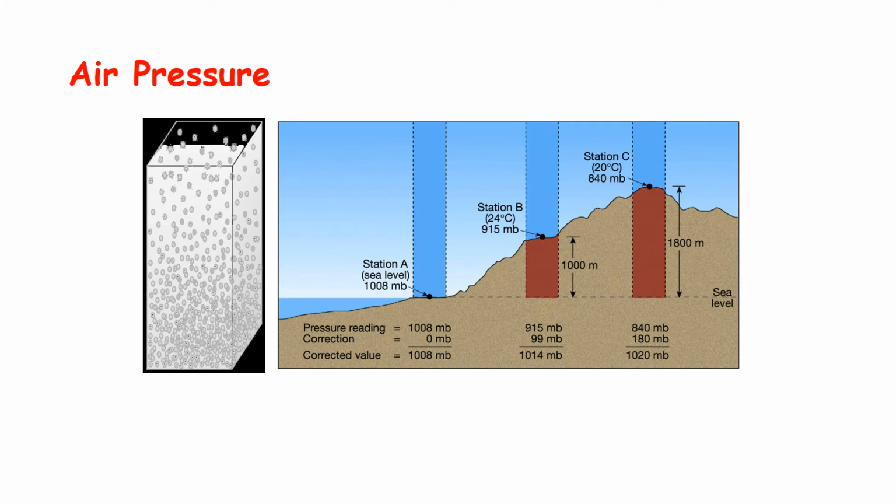Air has pressure. Air is actually a mixture of gases and consists of many molecules: oxygen, nitrogen, carbon dioxide, etc. All these molecules and atoms have mass.